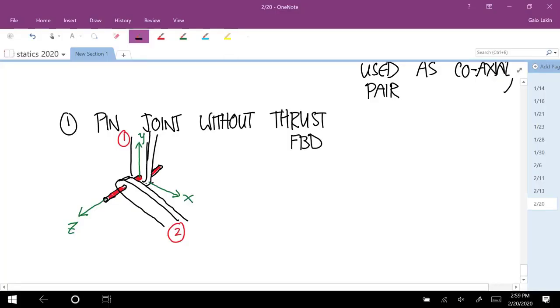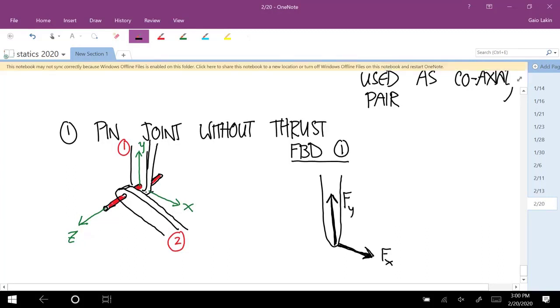Free body diagram of member 1. Okay, so we got a force component along the x-axis, a force component along the y-axis, and those two are perpendicular to each other.